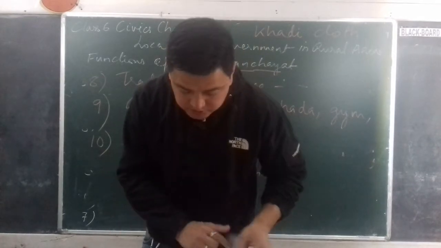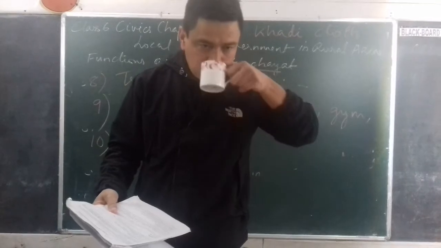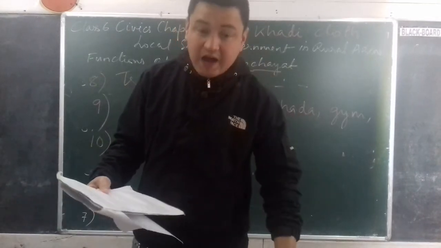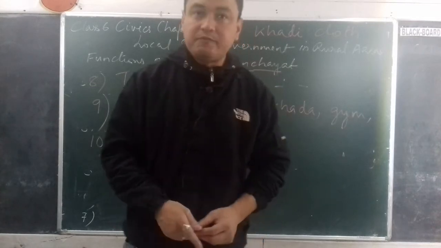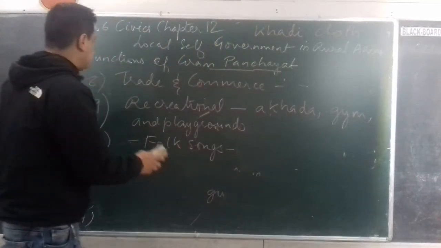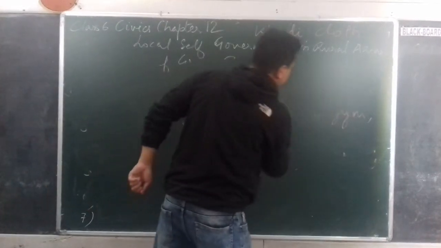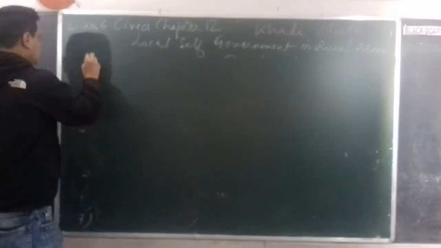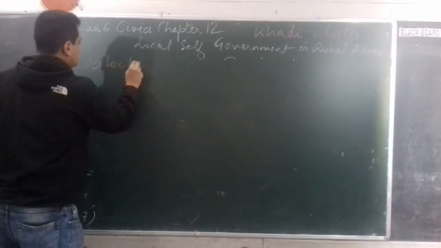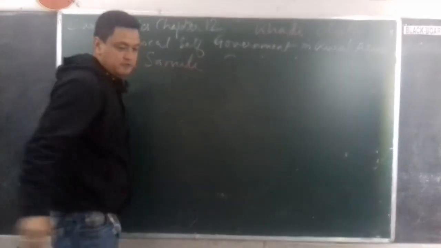Now we are moving on to the second most important tier of the local self-government, that is known as block samiti. After village panchayat comes the block samiti. Now, this is not a wing of the village panchayat.